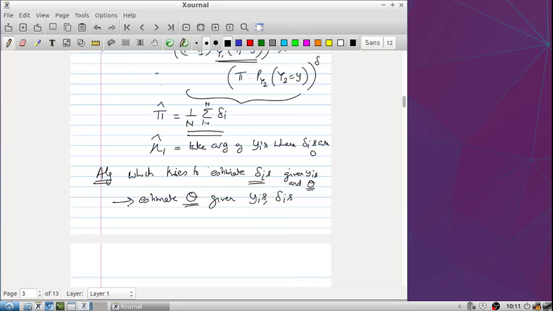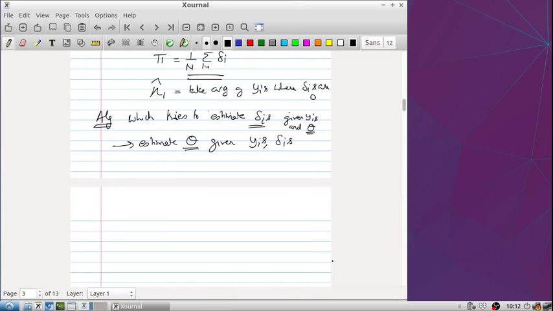A very natural way to resolve this is the following algorithm: start with any theta, let's say theta naught. Estimate delta i's given yi's and theta naught.